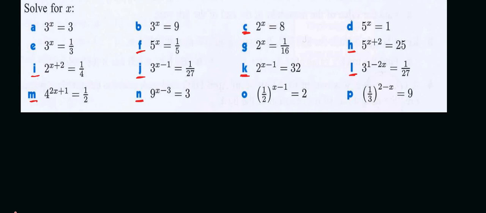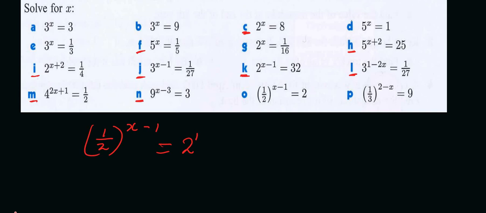All right, so I will take question O. So now we have 1/2 to the power x minus 1 equal to 2. Whenever you have a whole number, you can write that to exponent 1.